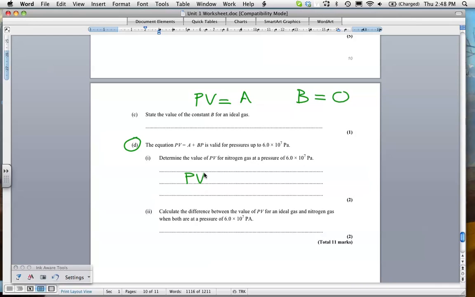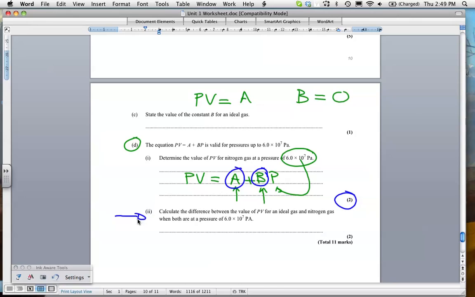You got your PV is equal to A plus BP, and you put in your values that you got for A and B. You take this value for your pressure and put it in there, and you'll get your result. Even if you made a mistake with A and B, but you use those values that you got, you would still get credit for these 2 marks over here.